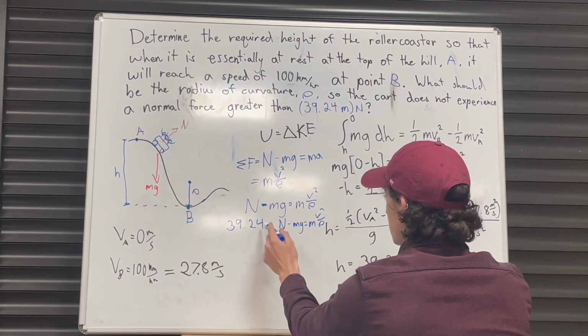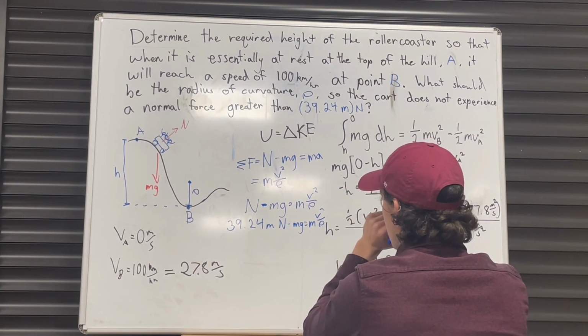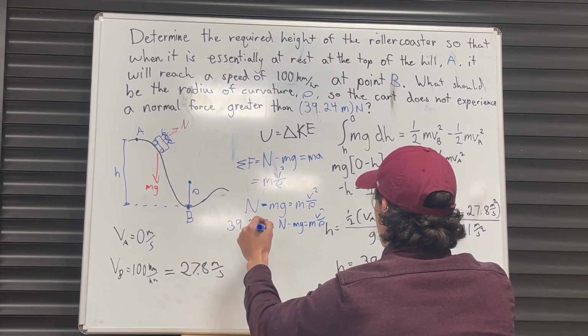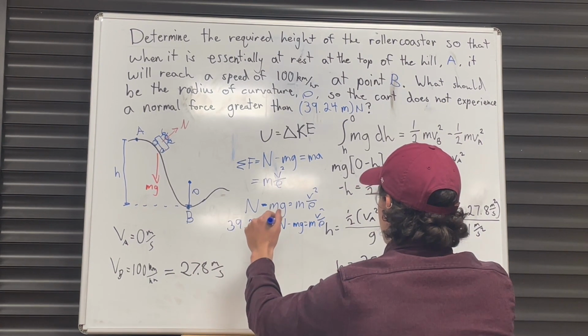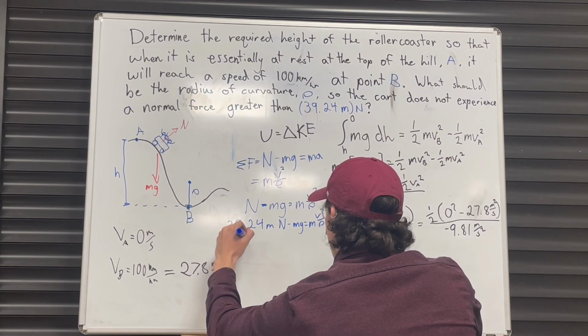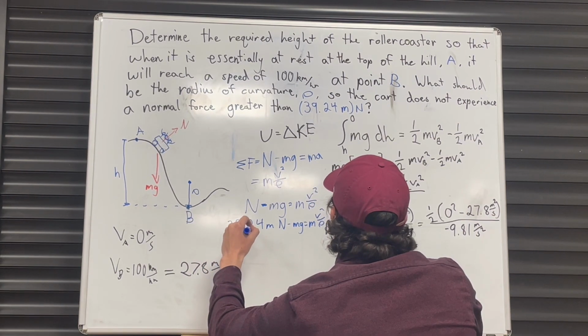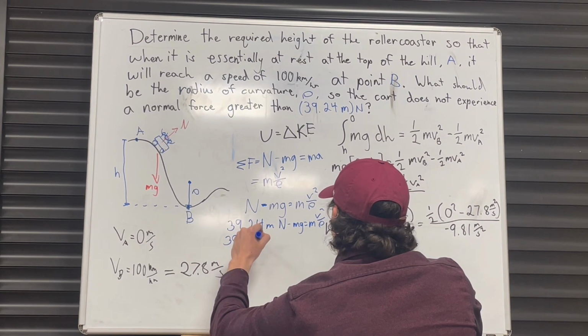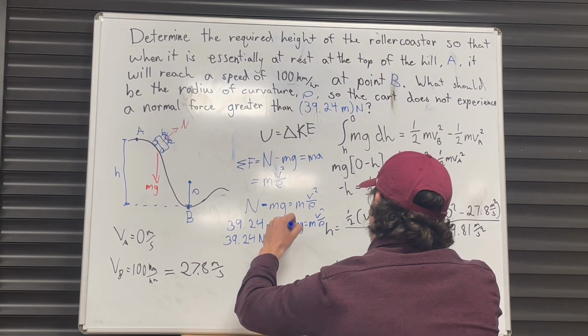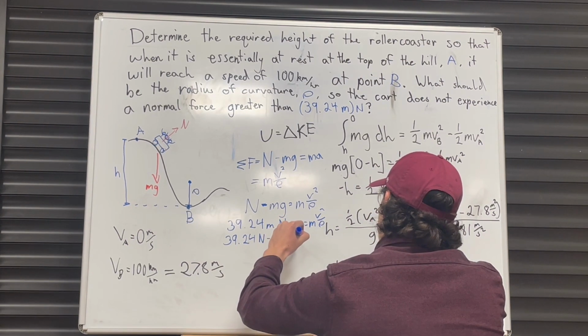So again, we see the mass will all divide out. So we have 39.24 minus g equals v squared over rho.